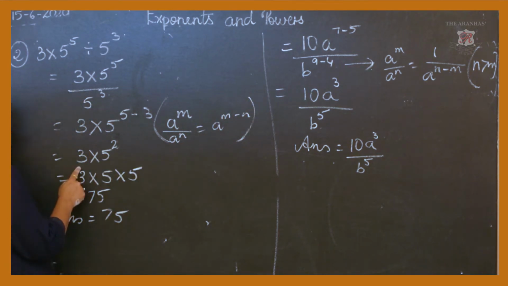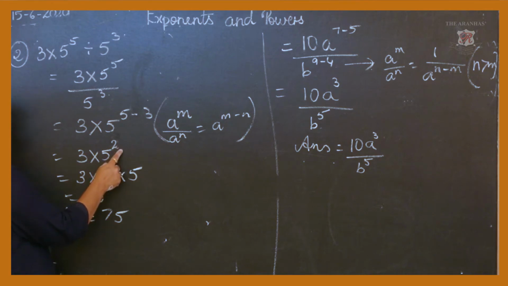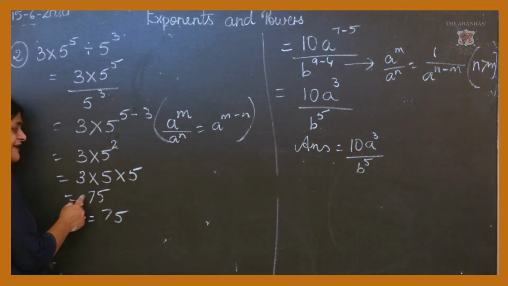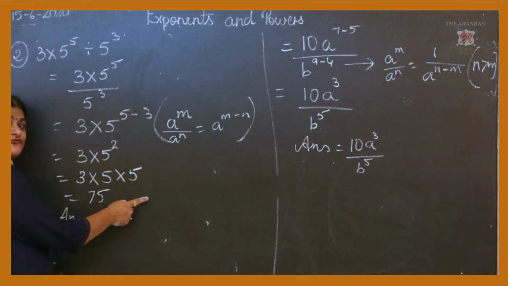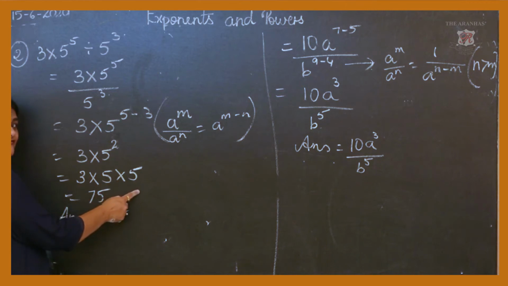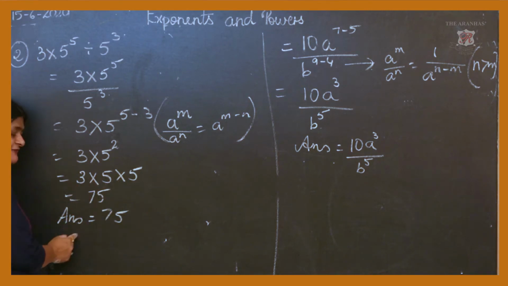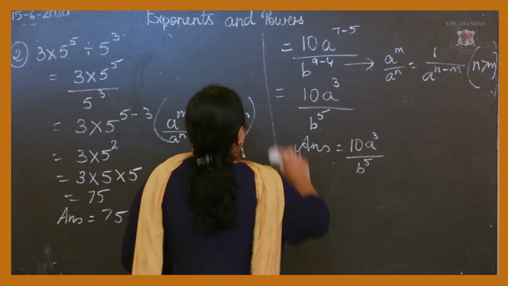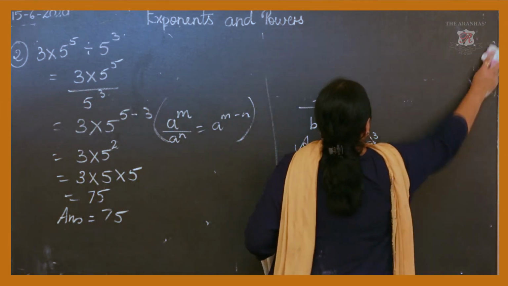So here 3 into 5 to the power of 2, that is equal to 3 into 5 squared, which is 5 into 5 is 25. So 3 into 5 into 5, 5 5s are 25, 25 3s are 75. So the answer will give you 75.